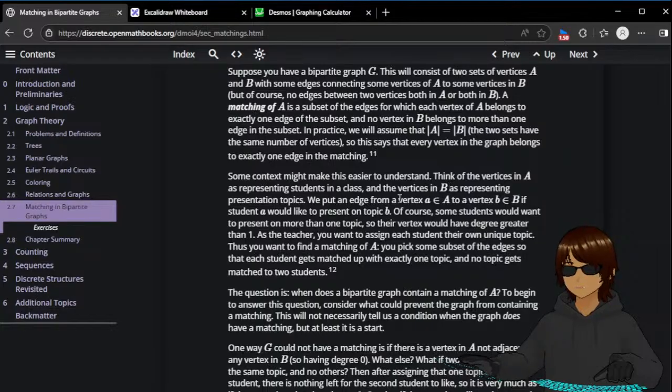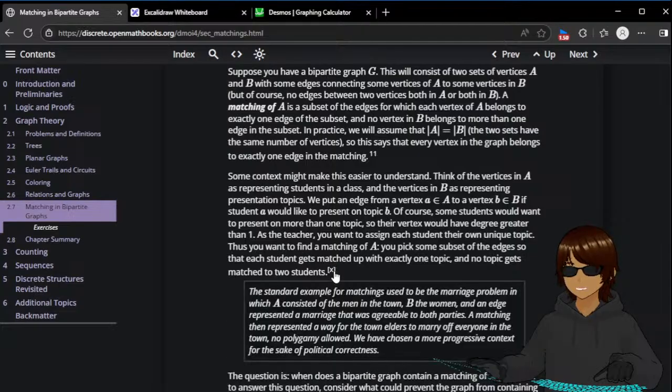Put an edge from vertex A to vertex B if student A would like to present on topic B. Of course, some students would want to present on more than one topic, so their vertex would have degree greater than 1. As the teacher, we want to assign each student their own unique topic. Thus, you want to find a matching of A. You pick some subset of edges so that each student gets matched up with exactly one topic and no topic gets matched up to two students.